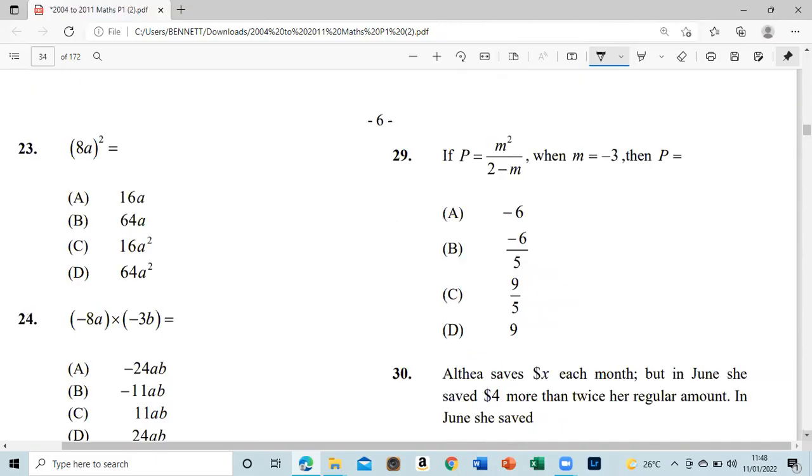All right, let's move on to number 23. What will be the answer for that? 8a bracket squared. So it's 8a times 8a.